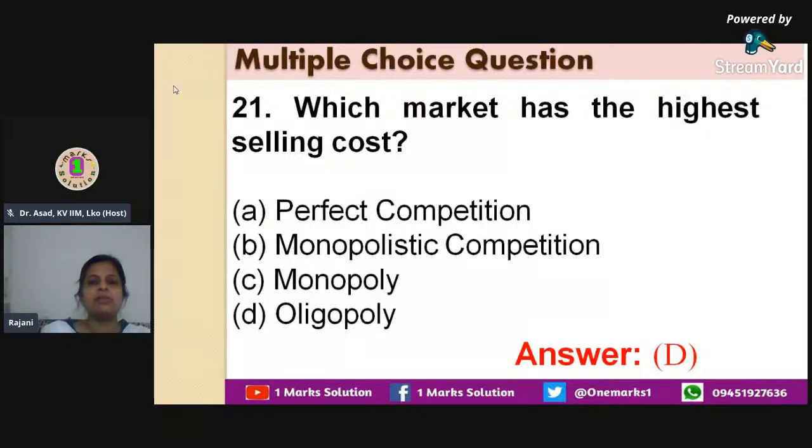You can observe this in oligopoly firms, like I told, smartphone manufacturing, vehicle and car manufacturing, bike manufacturing, petroleum, and how they are deciding their strategies. So which market has the highest selling cost? That is oligopoly, very much relevant in that one.